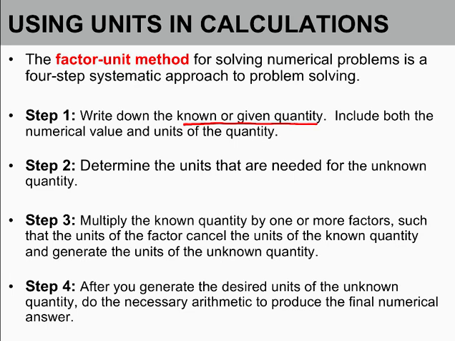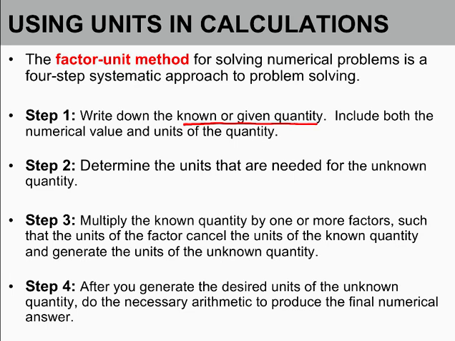And we want to include both the numerical value and units of the quantity. And then in step 2, we want to determine the units that are needed for the unknown quantity. So in step 2, we're trying to determine which units are the desired units. So again, maybe we're trying to go from centimeters to meters, and in that instance, meters would be the desired unit.